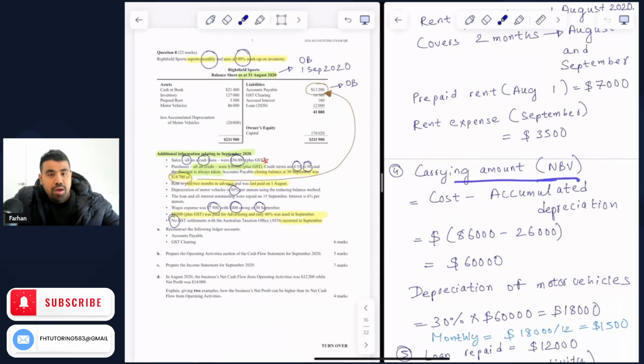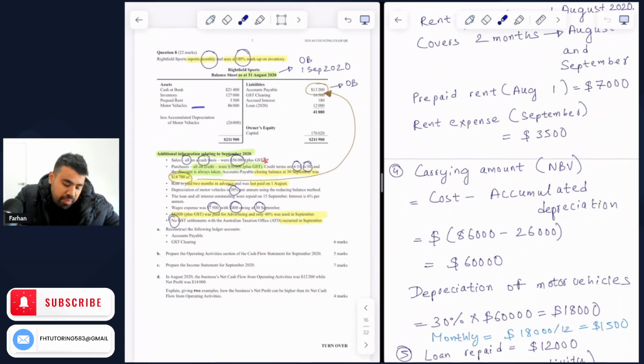So the carrying amount or the net book value is simply calculated by subtracting the accumulated depreciation, which is also known as the total depreciation, from the cost. So the cost of the motor vehicles is what you can see here, and that was $86,000 at the end of the previous month, and the accumulated depreciation was $26,000.